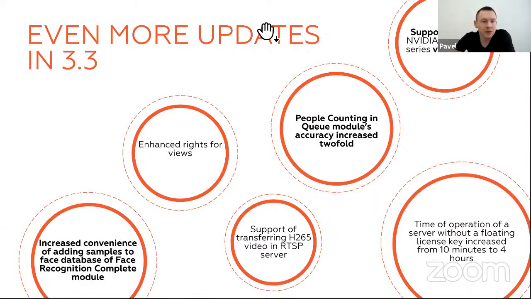Okay, the next one is in regards to the people counting module, and the question is in regards to accuracy. What is the accuracy percentage of Eocortex people counting? To clarify, accuracy really depends on the environment and on how you install the camera. It should be installed strictly overhead, like above the entrance or exit point.